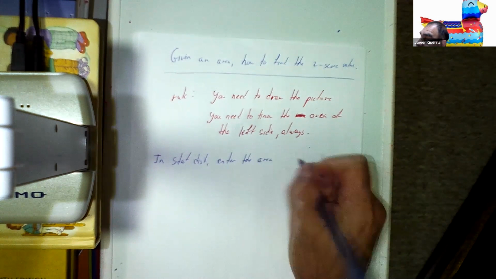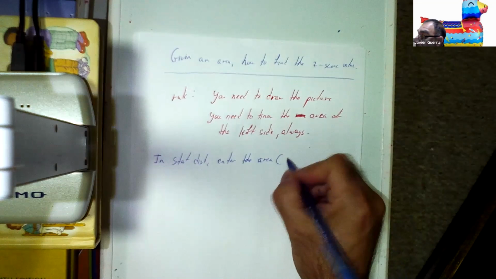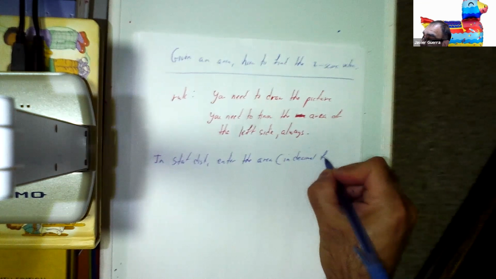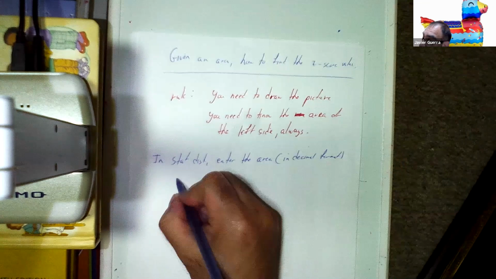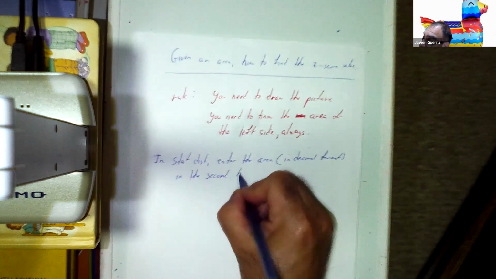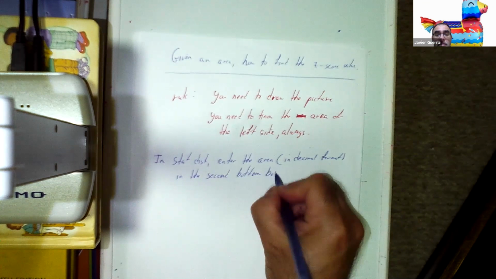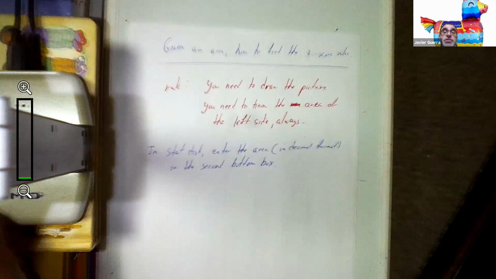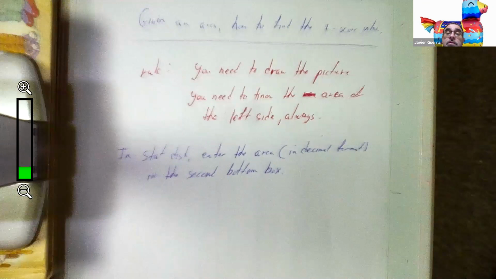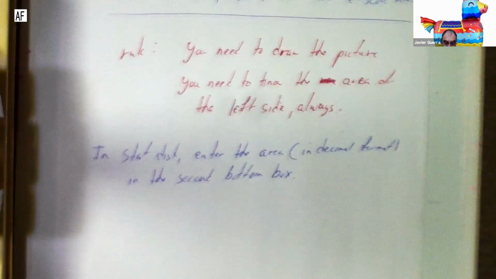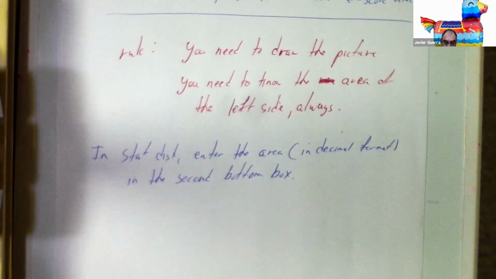Of course, it's got to be in decimal format, in the second bottom box. I'm gonna let you copy that, and then I'm gonna show you on my notes. Focus.